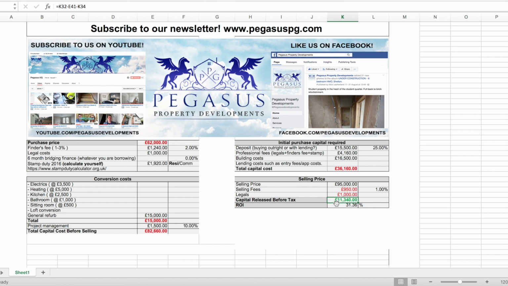And finally you've got the ROI. So the ROI is just calculated on how much money you made, how much profit, divided by how much you had to spend on it, times 100 equals the percentage of 31.36% return on investment. So that's a good return on your investment basically.